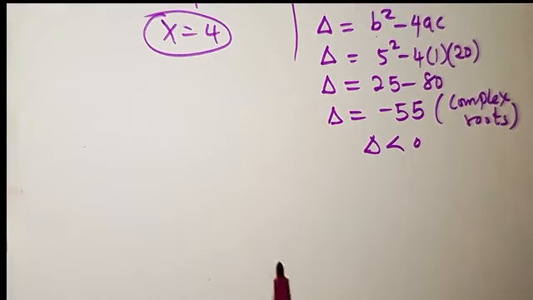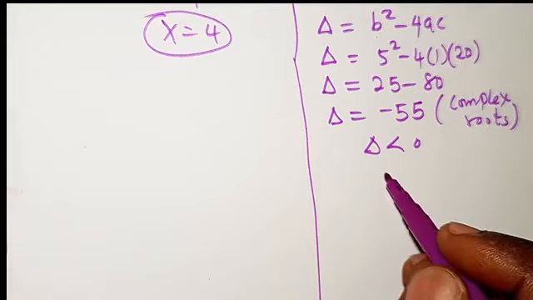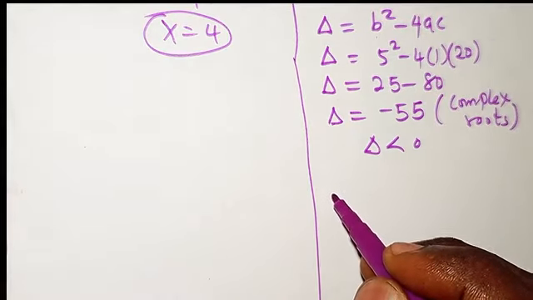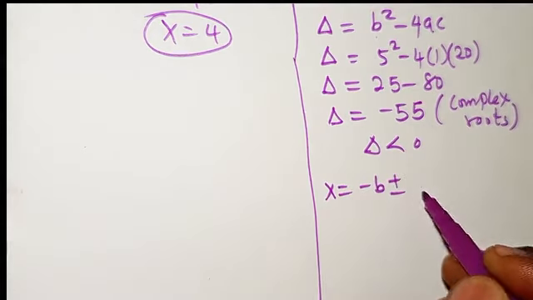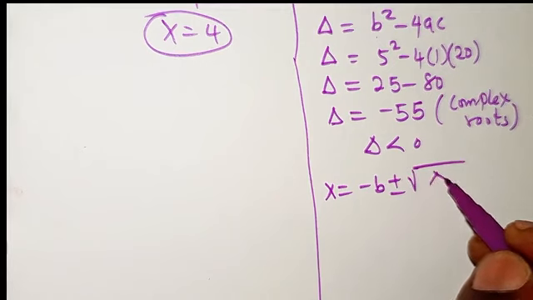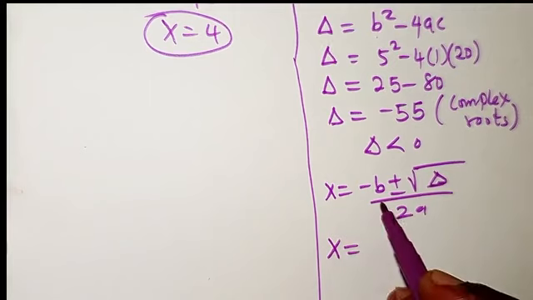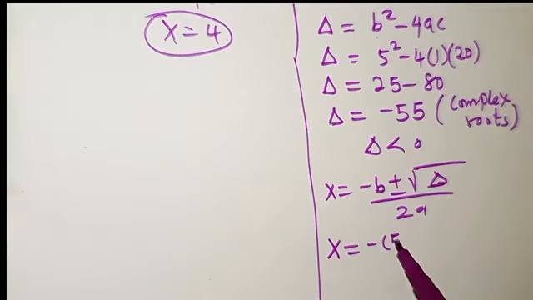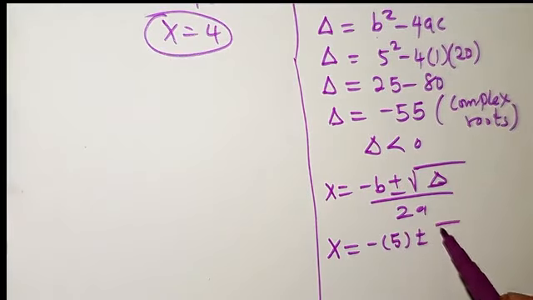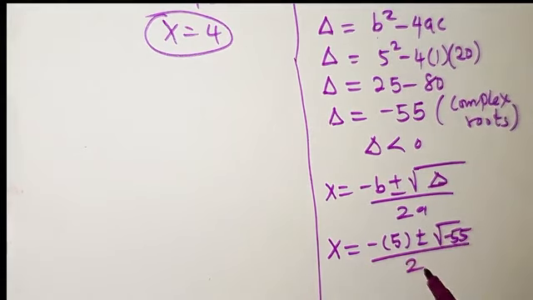Going further, we have x to be minus b plus or minus the square root of the discriminant divided by 2a. So here we have minus, the b is 5, plus or minus, the discriminant is minus 55, over 2 times a, and a is 1.